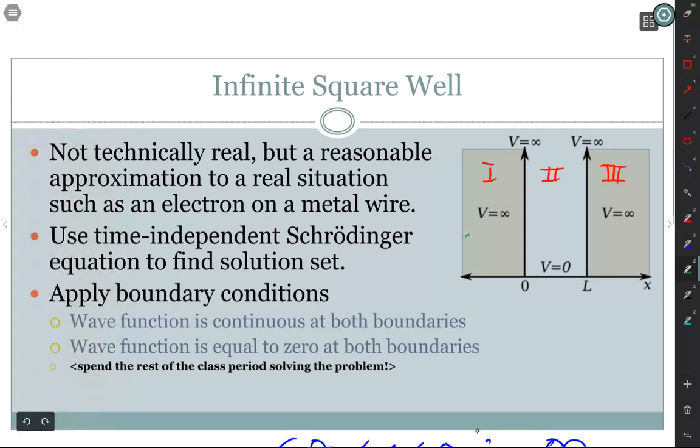So we have psi Roman numeral 1 equals 0, and psi Roman numeral 3 is equal to 0. So now we just have Roman numeral 2 to worry about. If only life was always this simple.